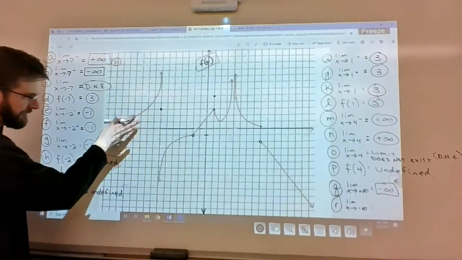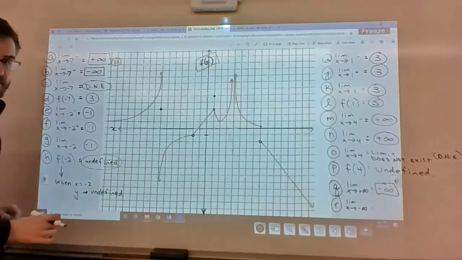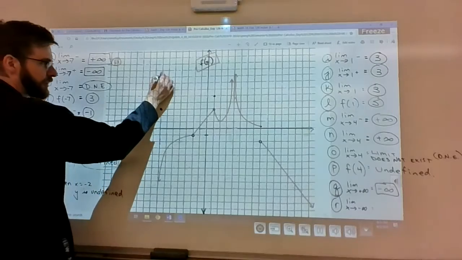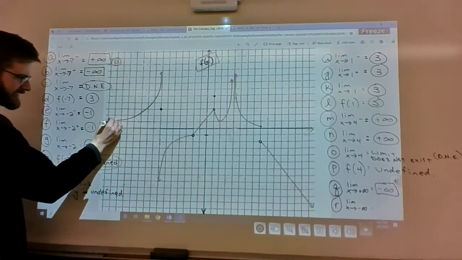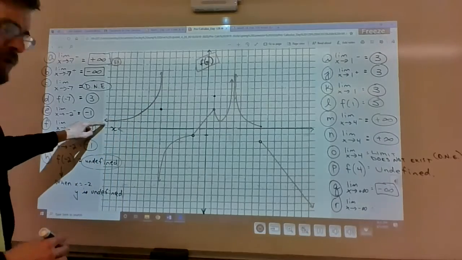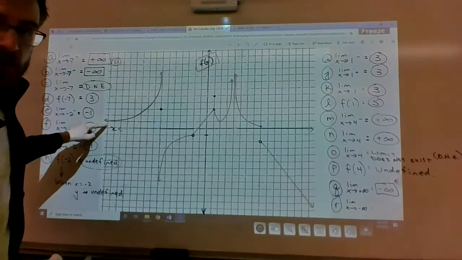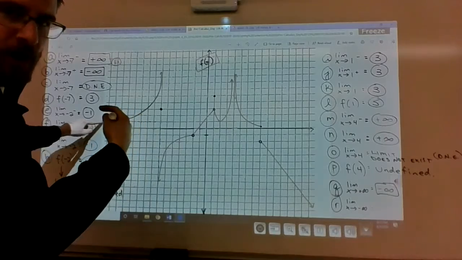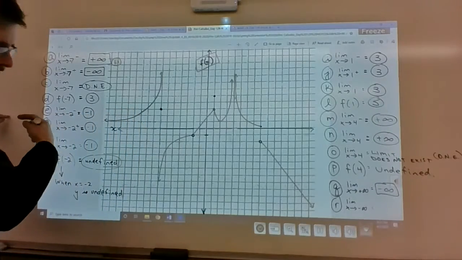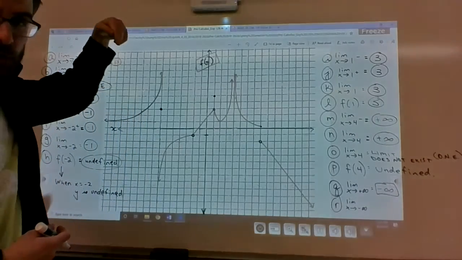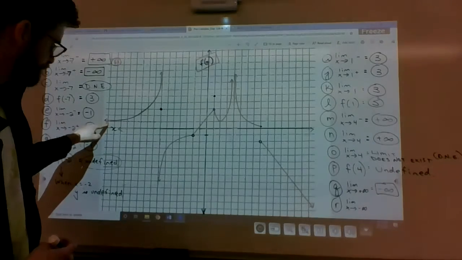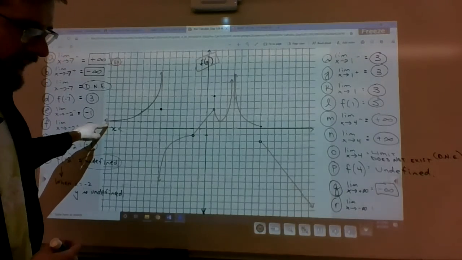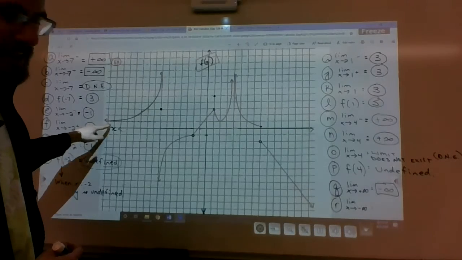This is the part of the function that we need to take into consideration, the one that goes forever leveling off at this horizontal asymptote. So, as you keep going left, it is never going to go below y equals 1. So what's the y value at negative infinity? Well, it's approaching 1.